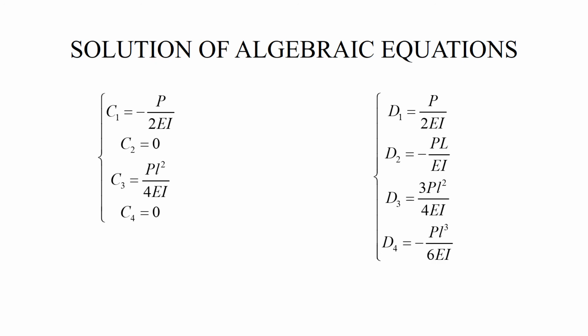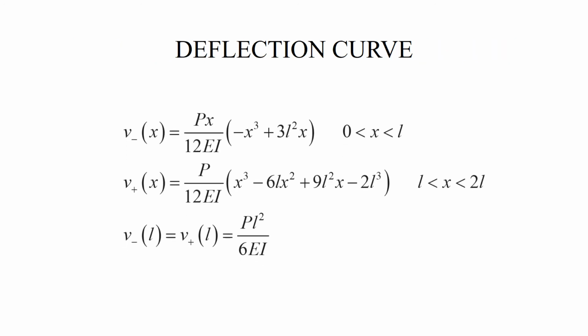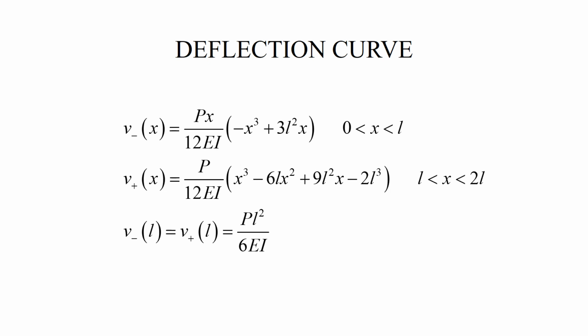Now, I can take these constants and substitute them back into V minus and V plus, and I obtain 2 expressions. So on the left segment of the beam, between 0 and L, that's the expression for the deflection. On the right segment, between L and 2L, that's the expression.